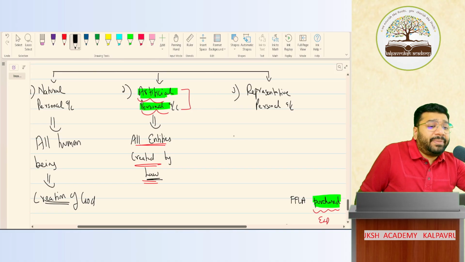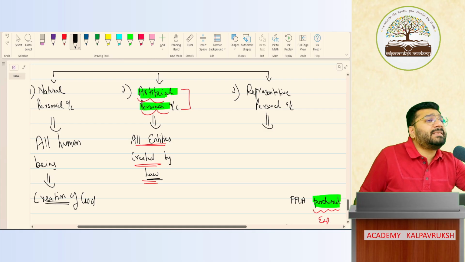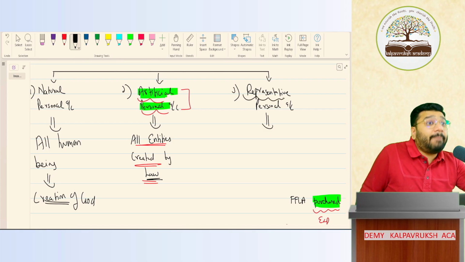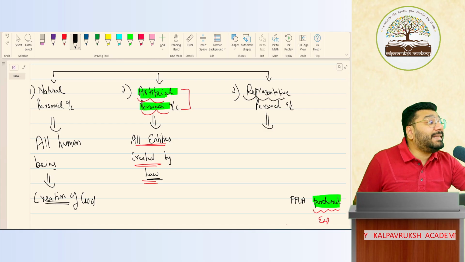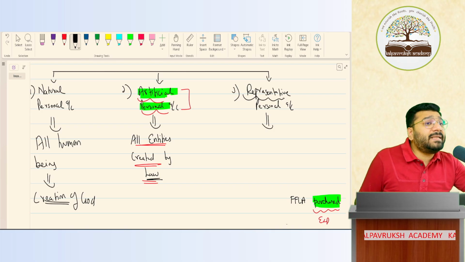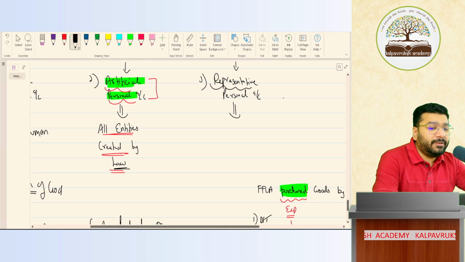Now, third comes the representative personal account. What is meant by representative? It means representing a group of people.